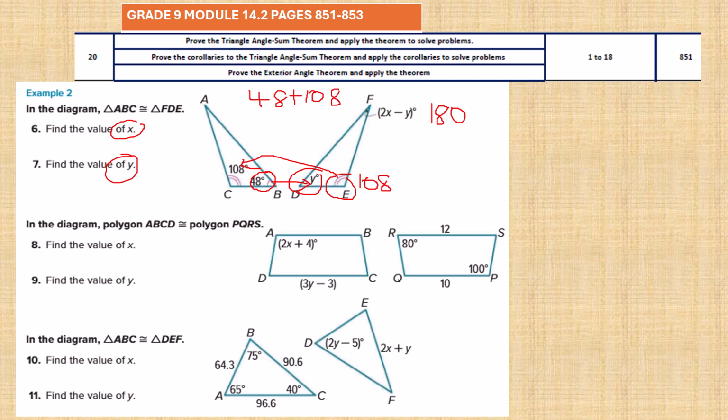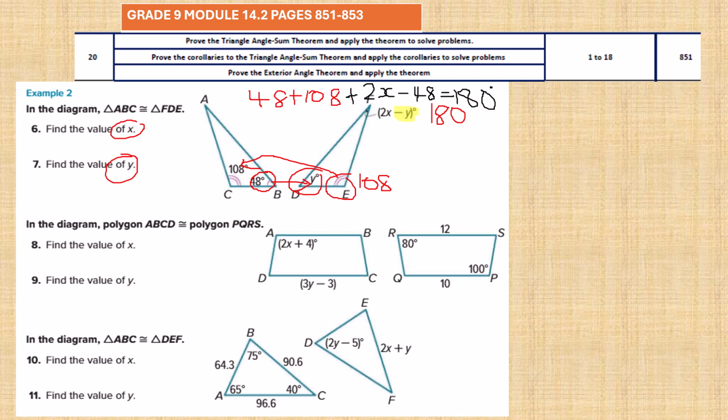And now pay attention to this. We have minus y here. So we can quickly put in, let me just get the pen, plus 2x, and we're going to subtract the value of y, which is 48, and we know that it is equal to 180 degrees.